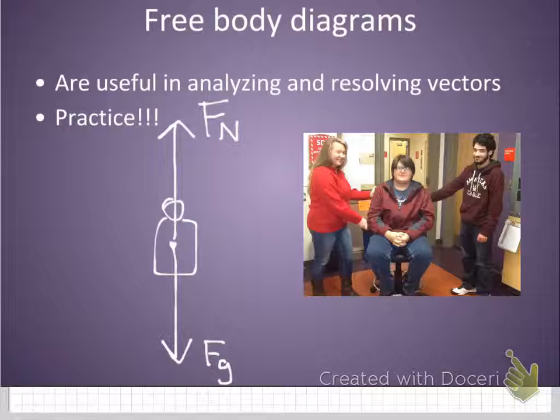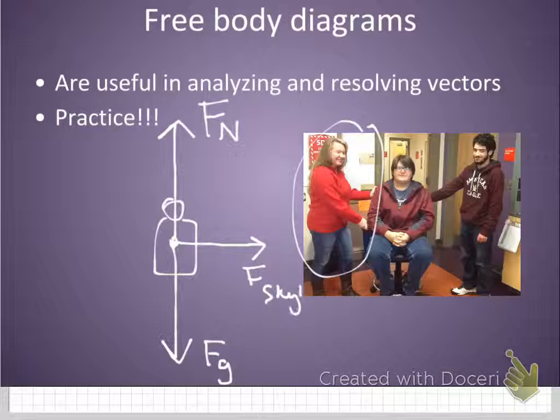Which direction is the force of Schuyler acting on Zach? Point. Okay, that way. So Schuyler's over here. Her force is acting this way. So we would label this F Schuyler.